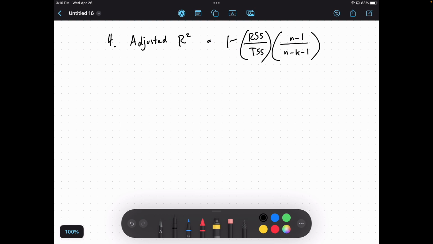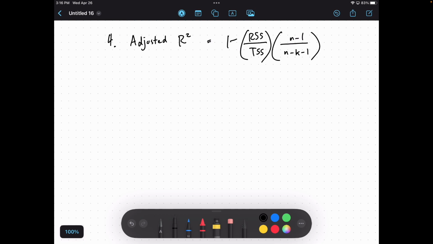So the more parameters you have, the larger this term is, and therefore you are subtracting a larger term from 1, and so your adjusted R squared goes down as I have more parameters, right?